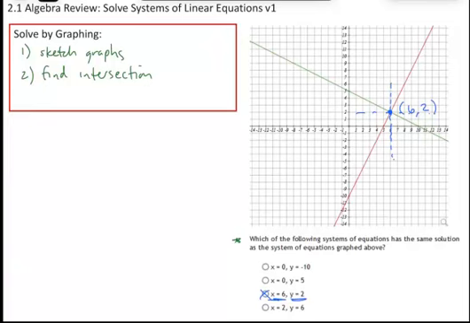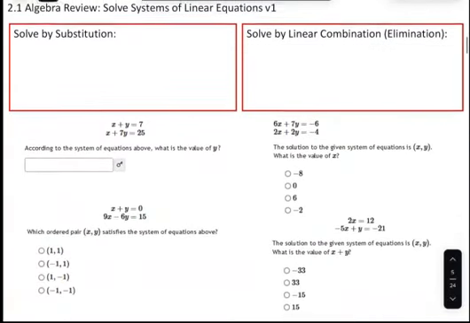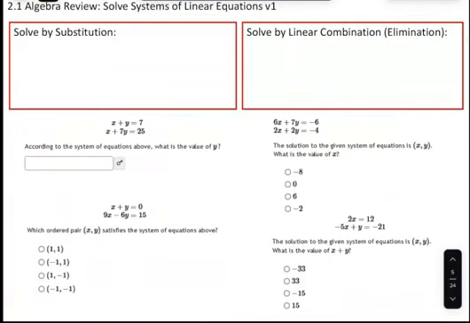Really, it just comes down to saying that the x value is 6 and the y value is 2 for a question like this. Like I said, solving by graphing is a lot more error-prone, so it's not used as often as these other two methods that we're going to talk through. You can use either one of these methods.